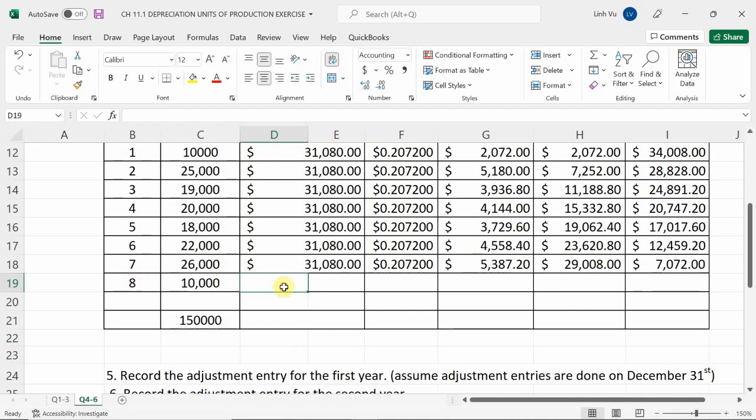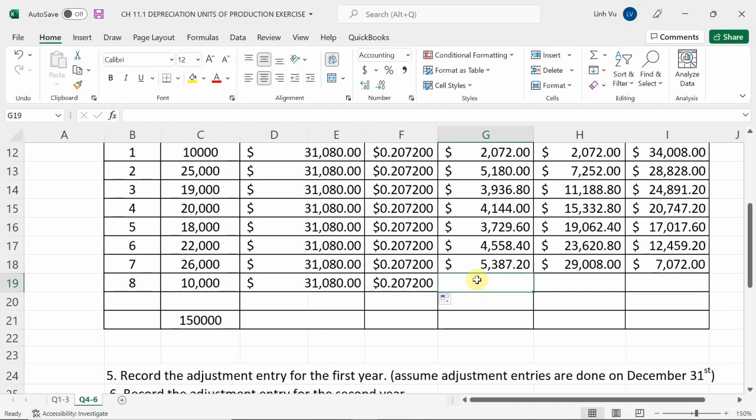So in this case, right, my depreciation basis, okay, is going to be the same, right? It's still going to be the asset cost of 36,080 minus 5,000 gives you 31,080. And my rate, because my basis is the same, my rate's going to also be the same.